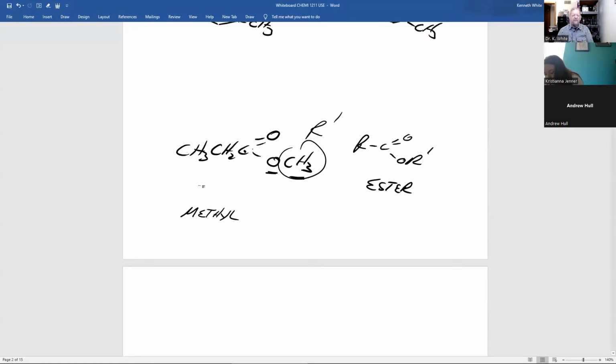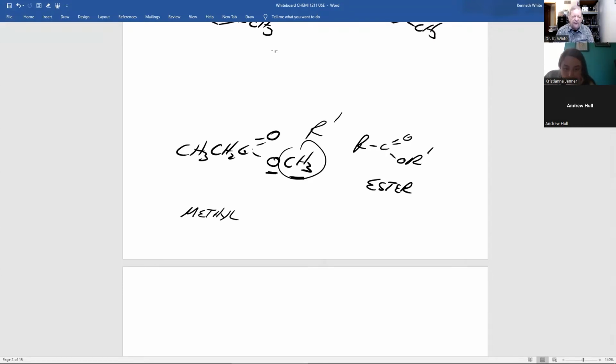Now, for the rest of the molecule, there's the IUPAC way. And a number of years ago, I had a really sharp Chem 170 student, and that student came up with another method that works about 99% of the time, 95%, which is easier.